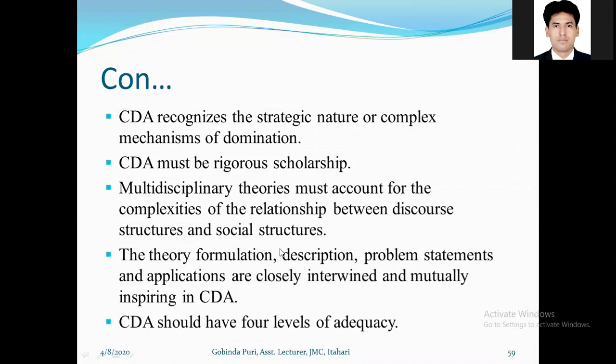Multidisciplinary theories must account for the complexities of the relationship between discourse structure and social structure. I told you the three layers of analysis of the text according to Norman Fairclough: textual level, discursive, and then social.